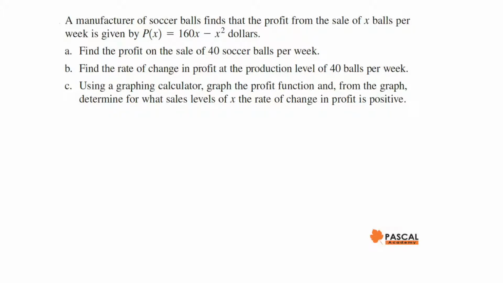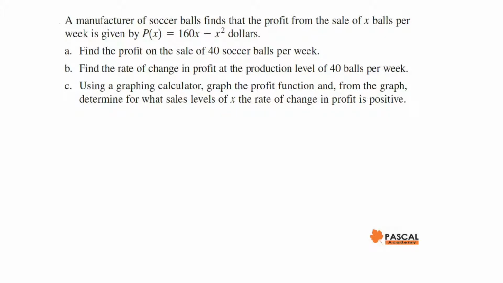Question number 14. A manufacturer of soccer balls finds that the profit from the sale of x balls per week is given by P of x equals 160x minus x^2 dollars.